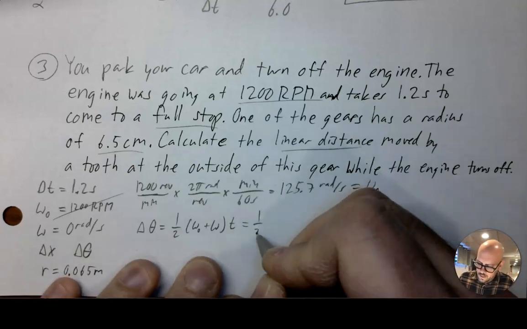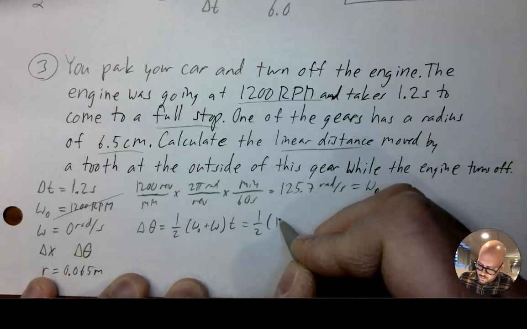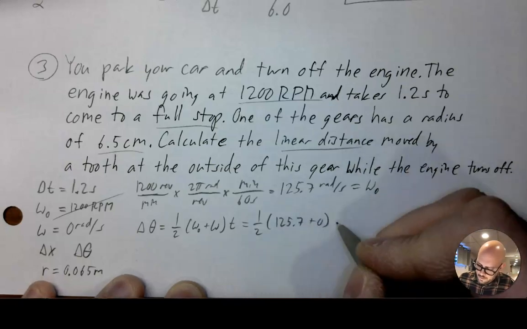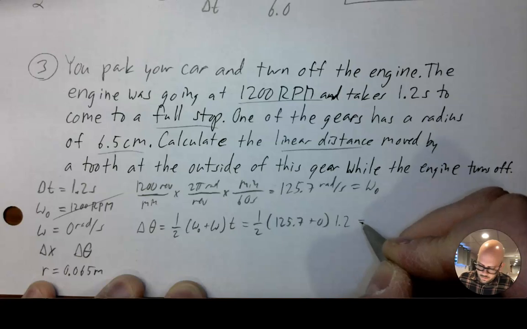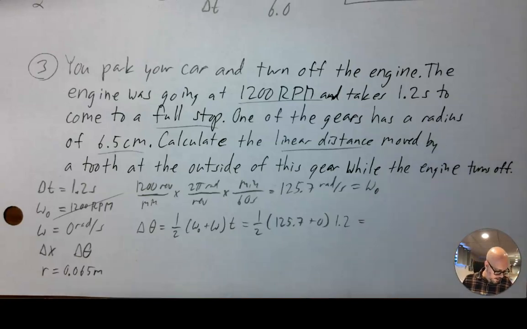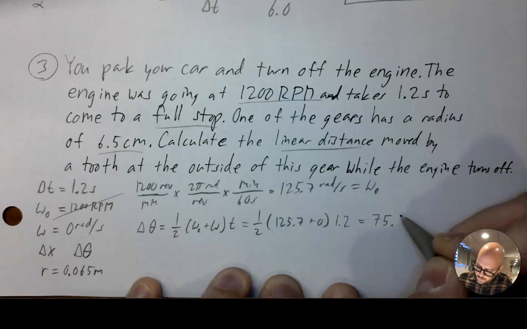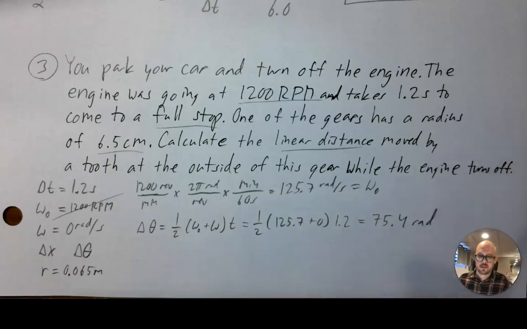So I'm going to do 1/2 times 125.7 plus 0, times 1.2 seconds. And that is going to get me 75.4 radians.